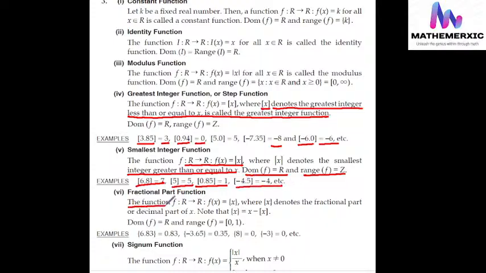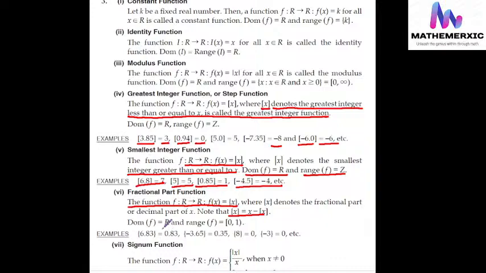The fractional part function: the function f is such that R tends to R, such that f(x) is equal to {x}, where the curly bracket x denotes the fractional part or decimal part of x. Note that the fractional part function of x is equal to x minus the greatest integer function or step function of x.